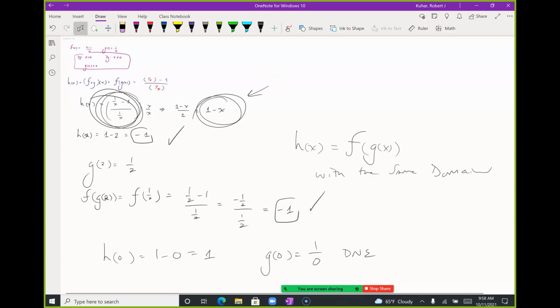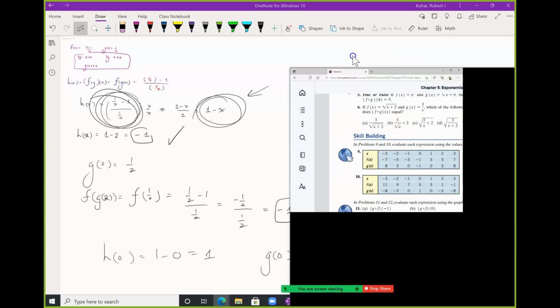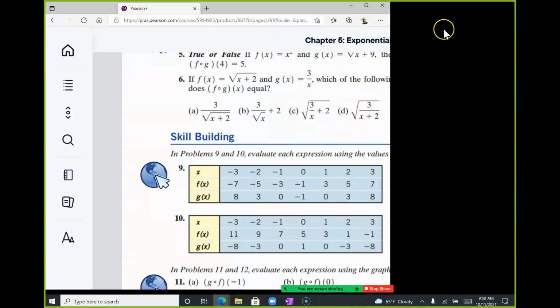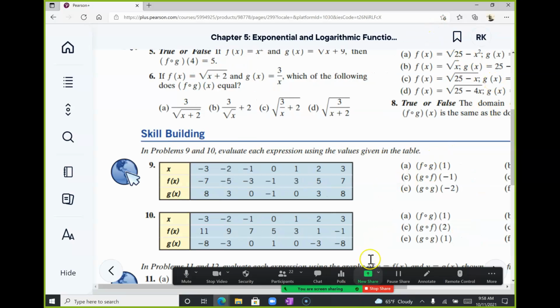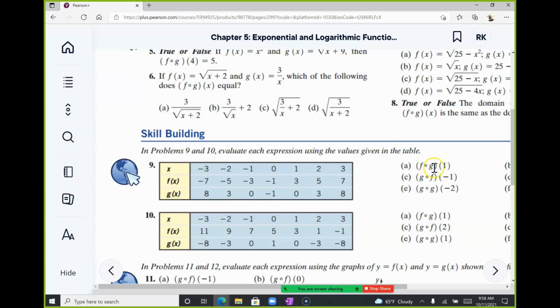Got it. Yep. Nice. Let's look at one with the table. The tables are a little bit tougher, only because I think we tend to be impatient, us humans. So this is from the textbook. We could look at number 9. 9a, f composed of g of 1.